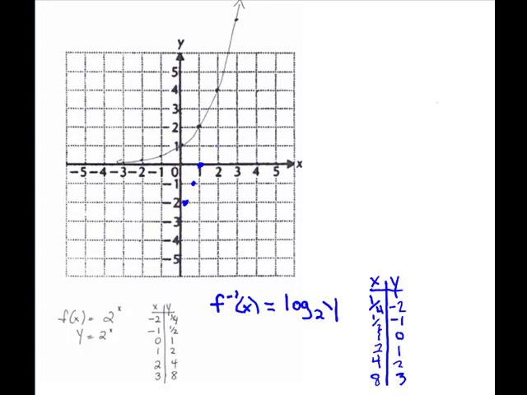Two, 1, 4, 2, and 8, 3. Right, and if we draw our line y equals x, you can see that it does flip across.